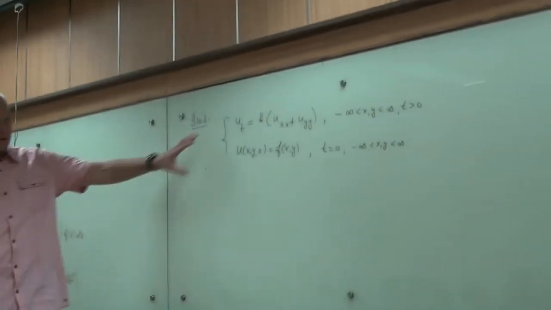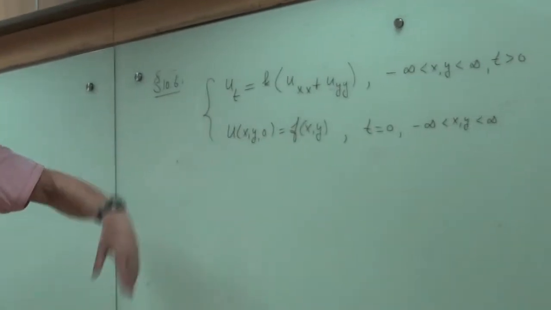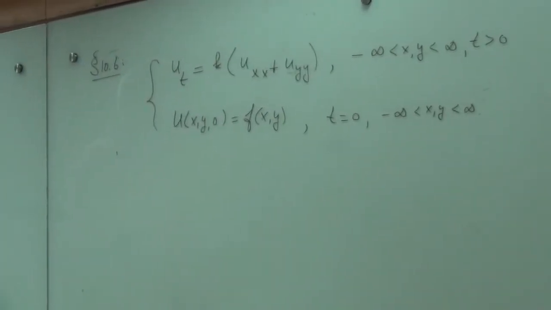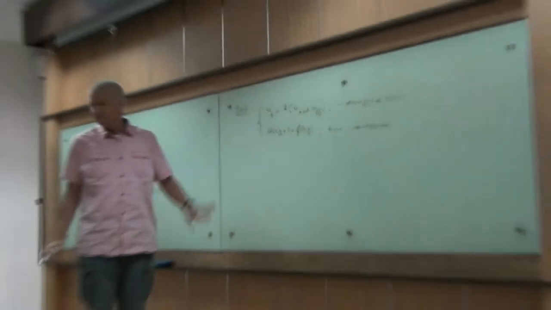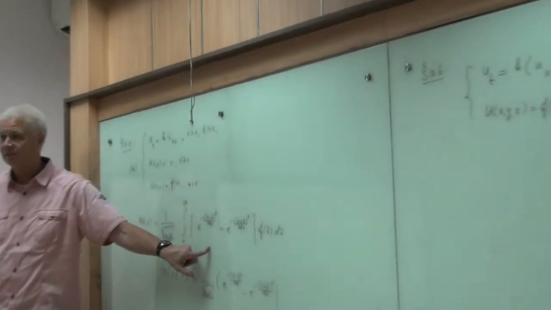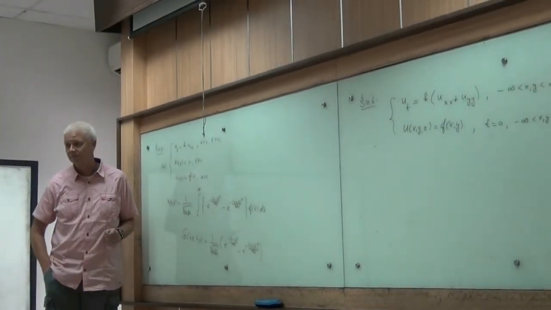If I know how to solve this problem on the infinite domain, I can look at half spaces. I can look at quarter spaces, because of these nice properties with reflections.